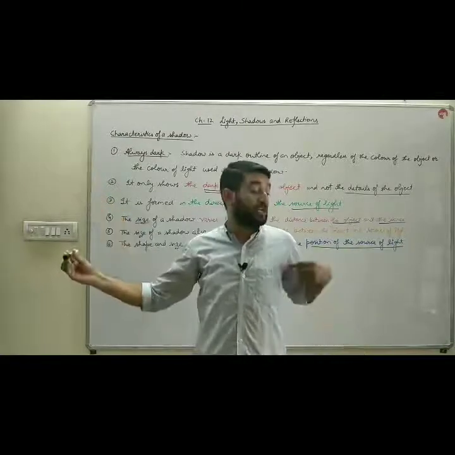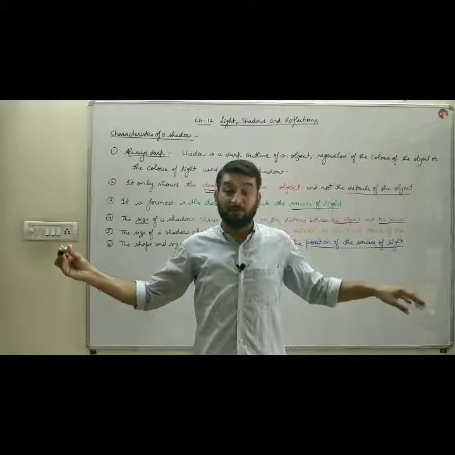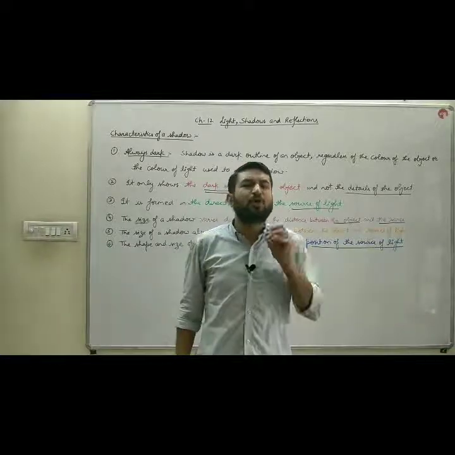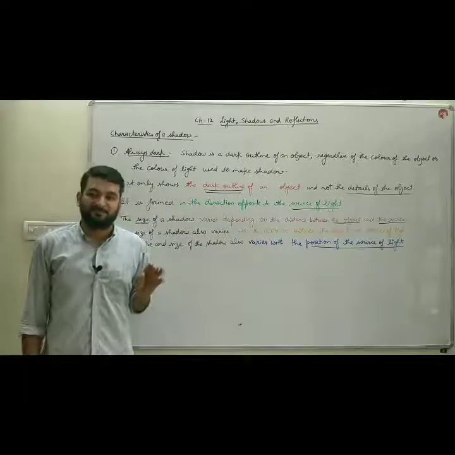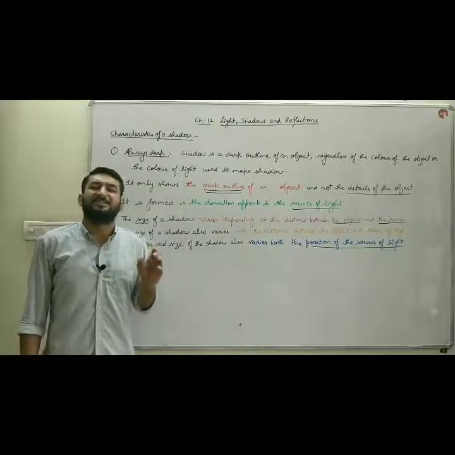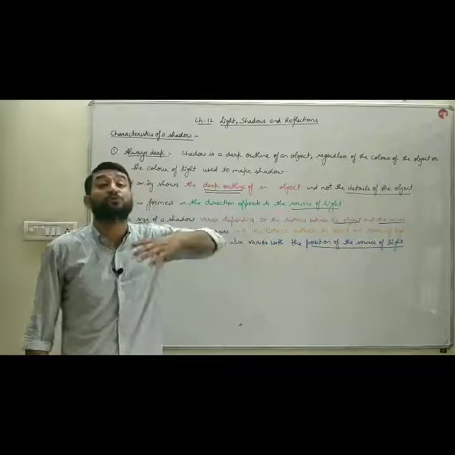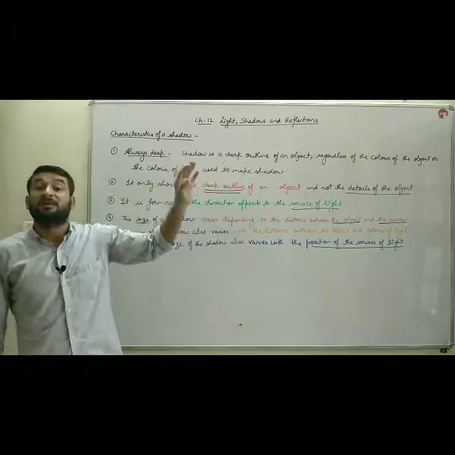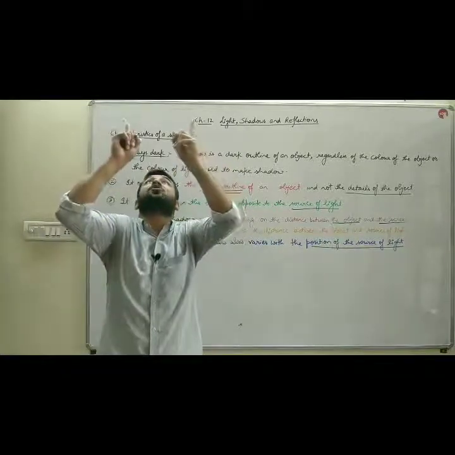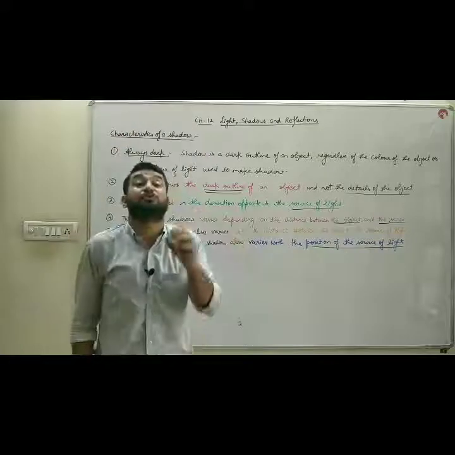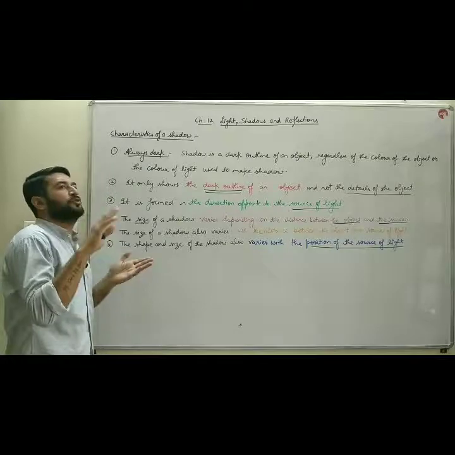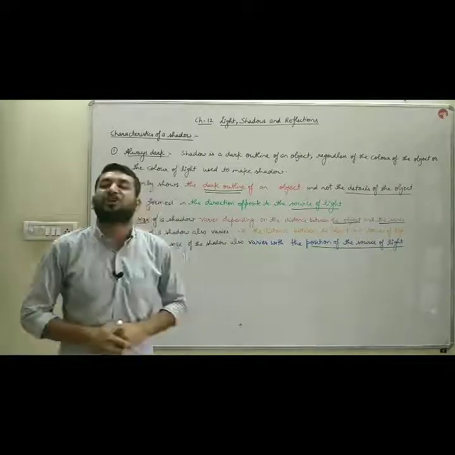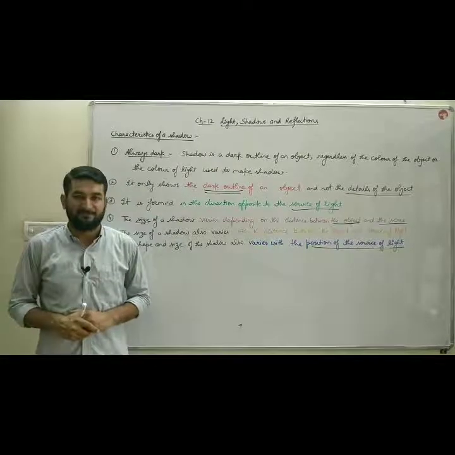If the object is here, the shadow will be like this, and a bit longer. You can check this when the sun rises or sets. When the sun rises, the length of the shadow is maximum. And during the afternoon, when the sun is overhead, the size of the shadow is the smallest. So, with the position of the source of light, the size and the shape of the shadow varies.